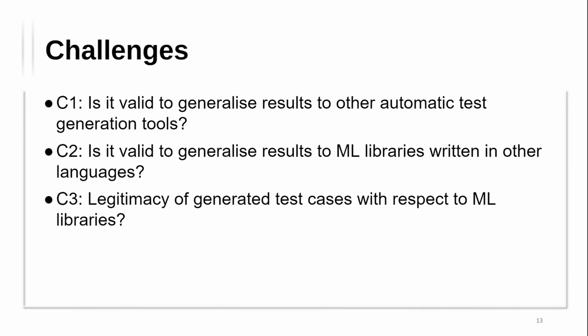Can we generalize them and so on? So you want to see that the first challenge means indicating that different testing tools can perform the same on the same machine learning libraries. So is that the case? Is that what you want to ask?